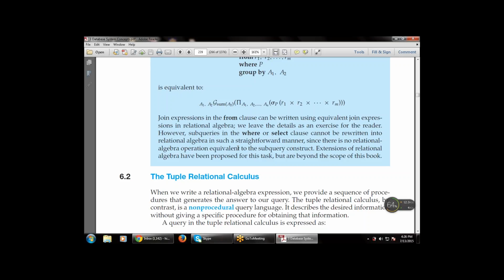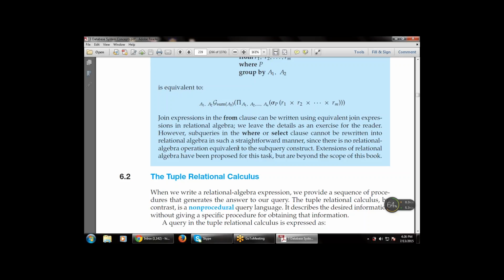When we write a relational algebra expression, we provide a sequence of procedures that generates the answer to our query.